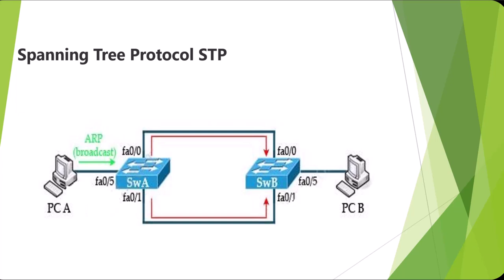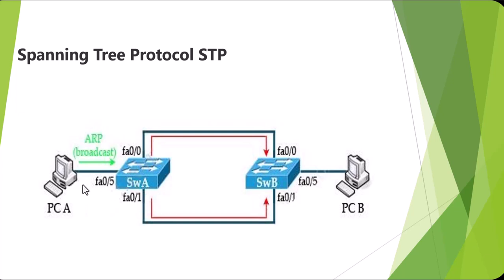STP is actually a kind of link management protocol that provides path redundancy while preventing undesirable loops in the network. For an Ethernet network to function properly, only one active path should exist between two stations.